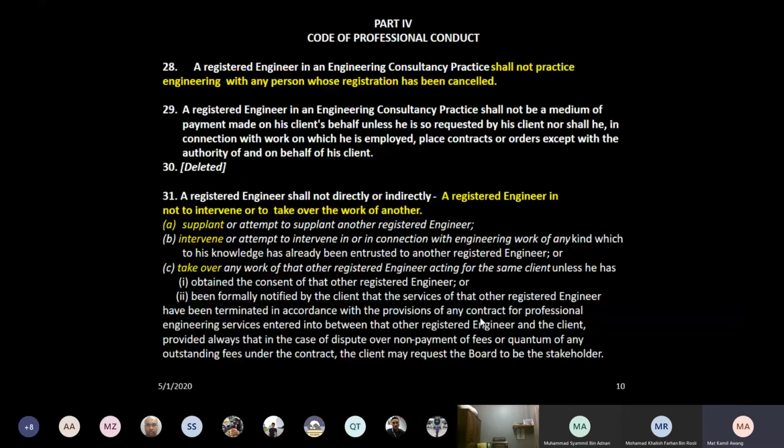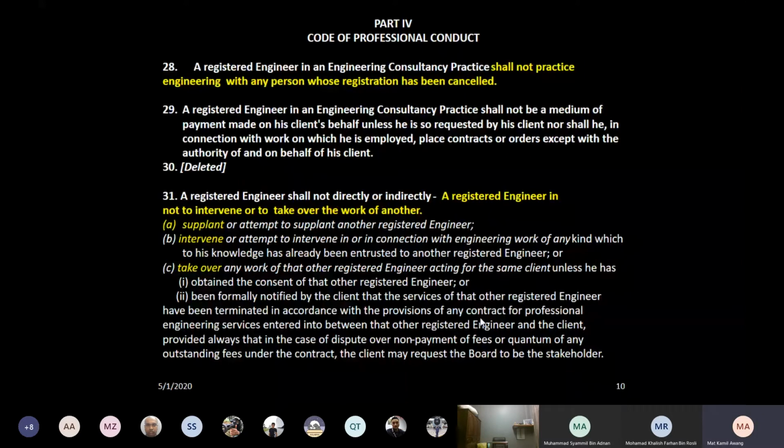So basically, if you work with a consulting company and your client has not requested you to do anything, you cannot do that particular task.